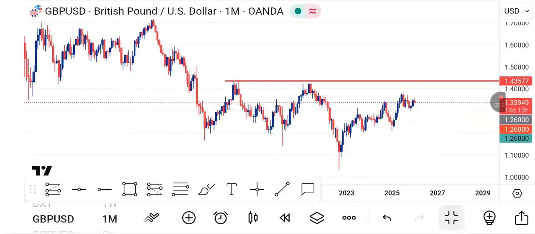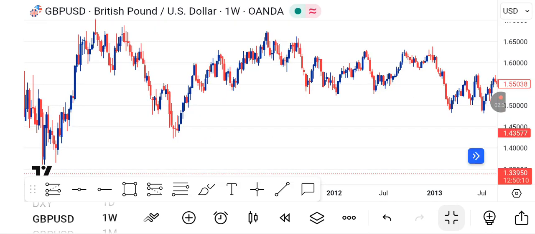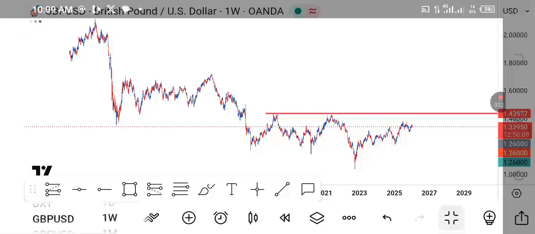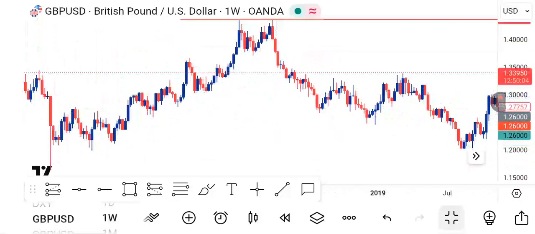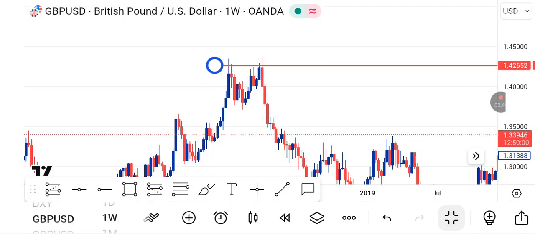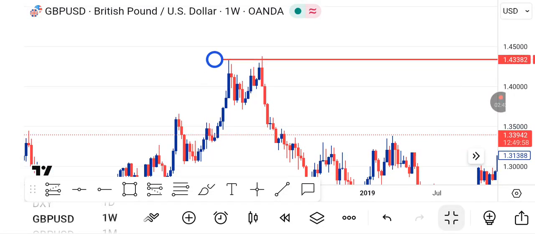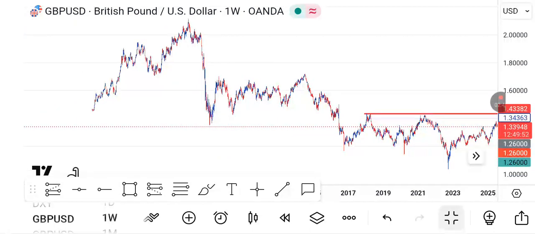I can go to the weekly time frame to check it properly. Tips of it. Let's see. This is it. Tips of it. That's good. Okay. So this is it.